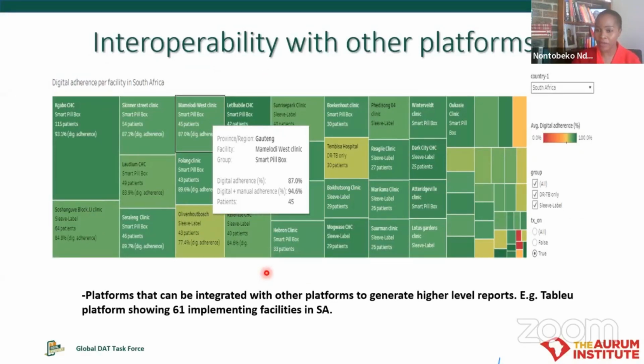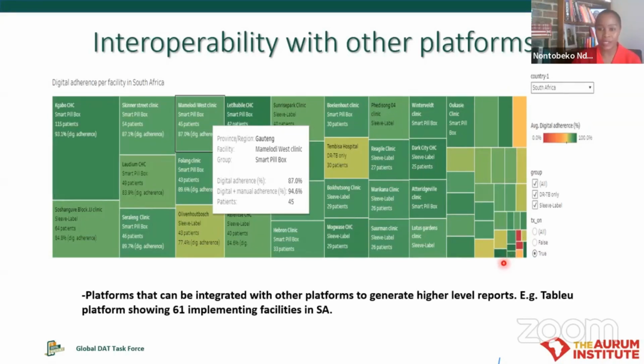So the Tableau platform was interlinked with the Everwell platform that was used at the facilities. So we could generate this type of data where the higher level staff, the district managers, were able to see how the entire district is actually performing in terms of adherence. And so people are able to then zoom in to the areas that need more support.